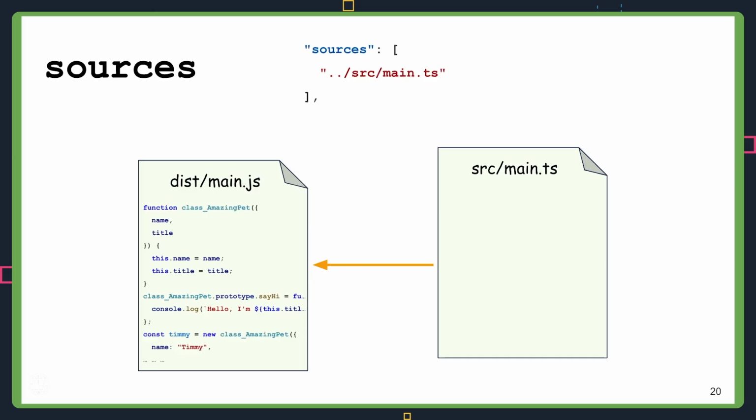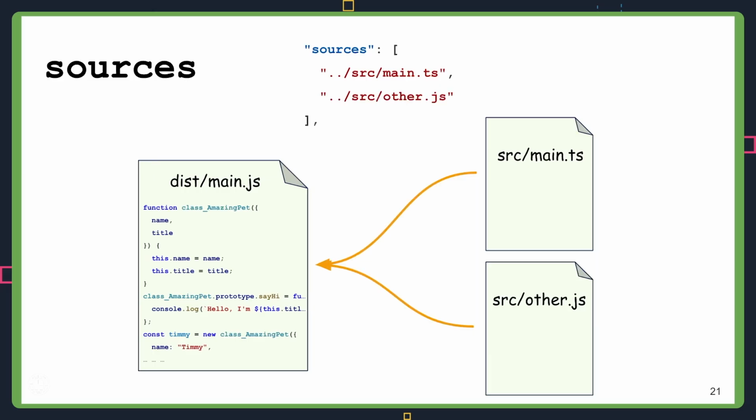So if, for example, we have this src/main.ts file that gets compiled to this main.js file, the name in our source map will be main.js, and sources will point to our src/main.ts, or we might have multiple sources if there is some bundling step going on.